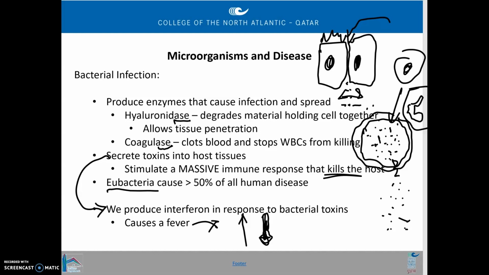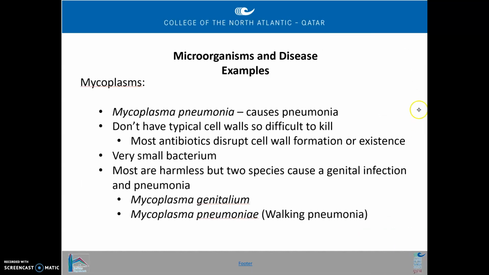It'll increase the functionality of your immune system, but hopefully it'll also override the metabolism of a bacteria. Maybe even get warm enough to denature some of their enzymes to slow down their metabolism. So that's a fever, and that's a general response to an infectious agent, not just bacteria. All right.